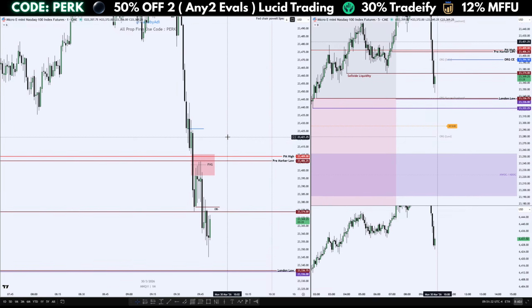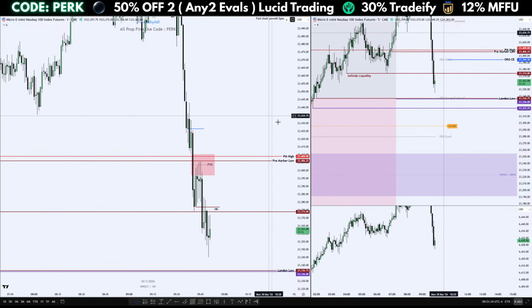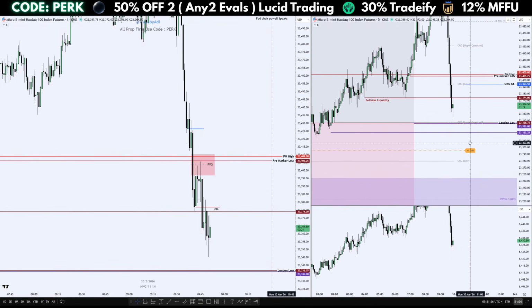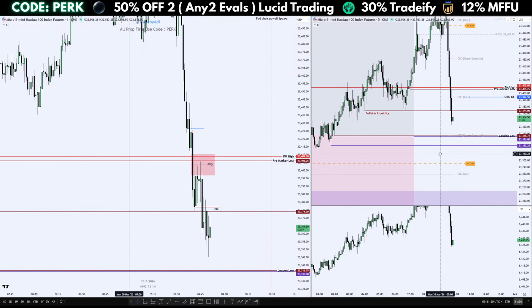I have called the price before and marked down all of these levels, and I'm looking at the same levels every day: sell side liquidity of the session liquidities, the dealing range, the premium and discount, opening prices, and the opening range gap. Only four things I'm watching every day.